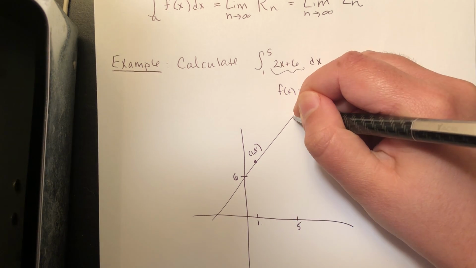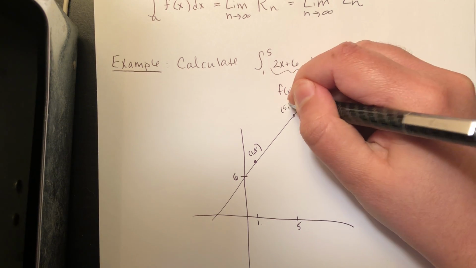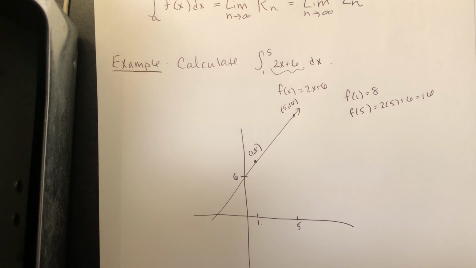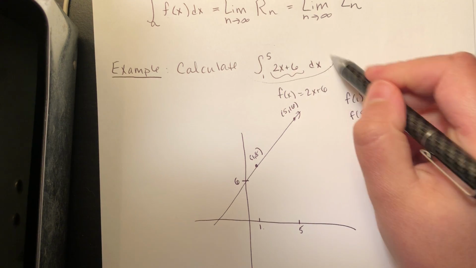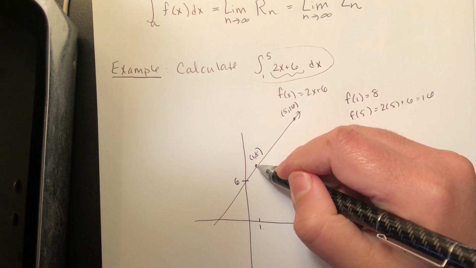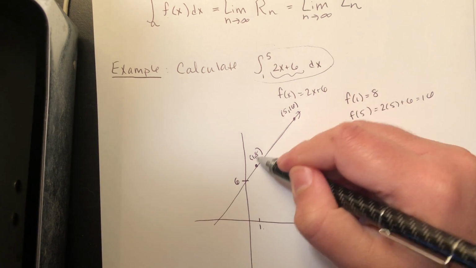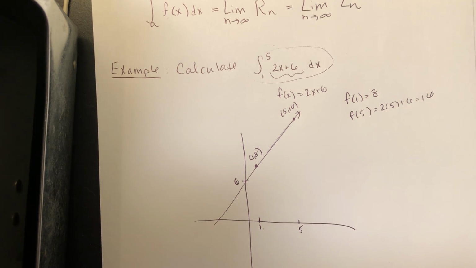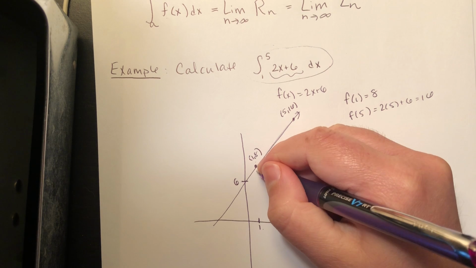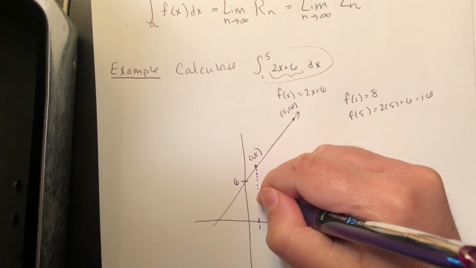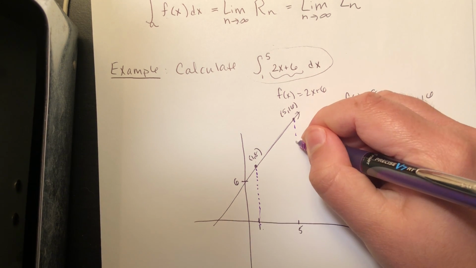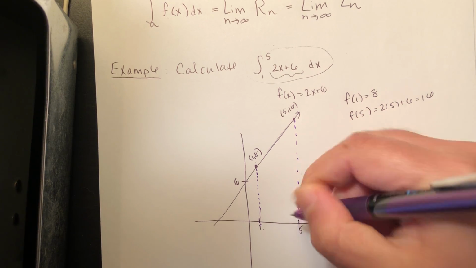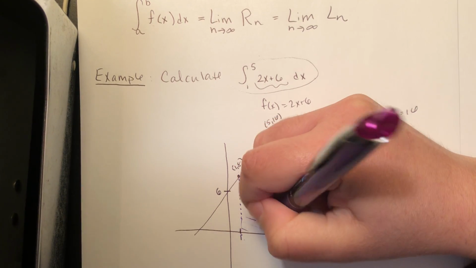So we've got a point here at 5, 16. And so what this represents here is the area between this curve, in other words, between this line and the x-axis on that interval from 1 to 5. All right, so if we sort of drop down a line here to the x-axis and drop down a line here to the x-axis, we're looking for this area here.